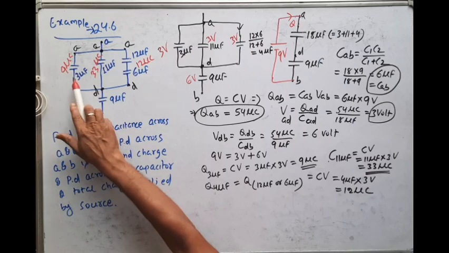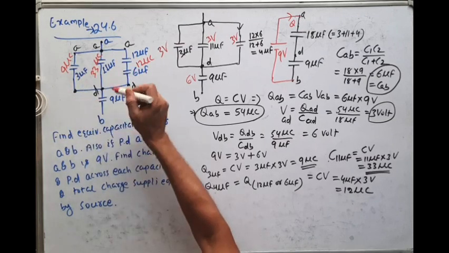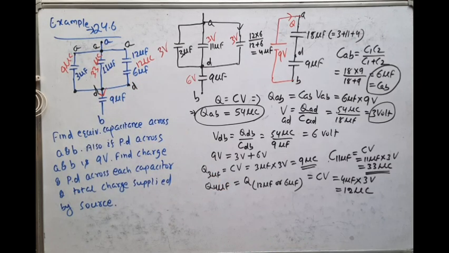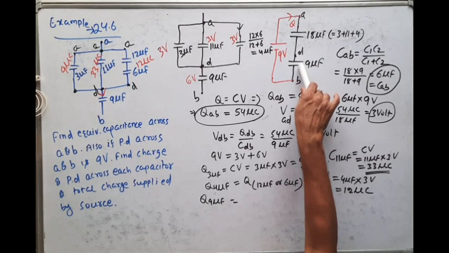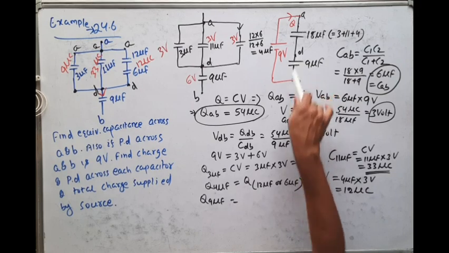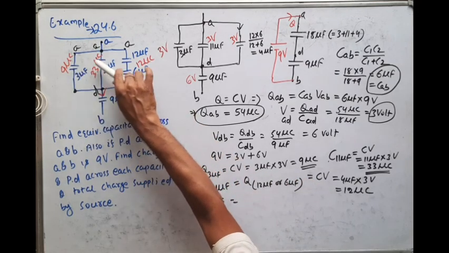Now see, here 9, here 33, here 12. If we add these, that total charge will flow through the 9 microfarad. So the charge across 9 microfarad is nothing but the charge across D and B. That should be equal to the sum of these 3 charges.